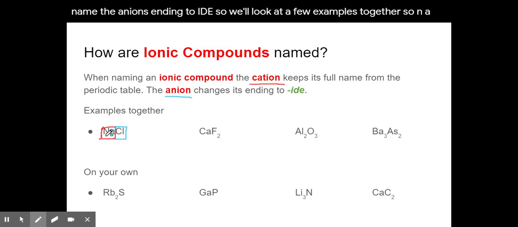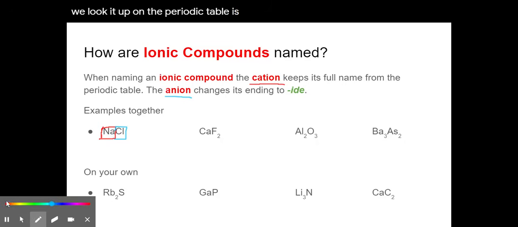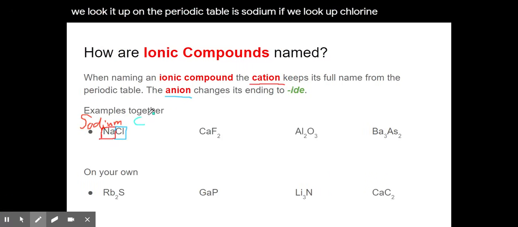So Na, if we look it up on the periodic table, is sodium. If we look up chlorine, Cl is chlorine.